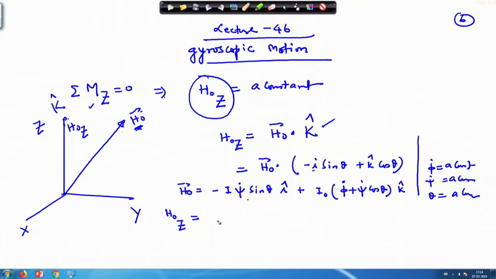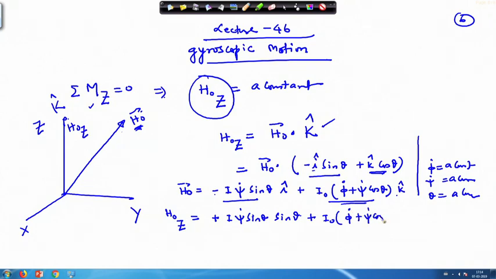We get minus I psi dot sin theta for the I cap part, and this minus that makes it plus sin theta, and thereafter the second term gives I 0 times phi dot plus psi dot cos theta times cos theta.